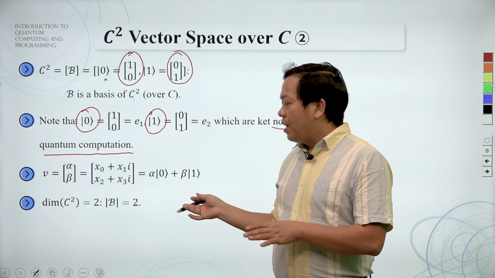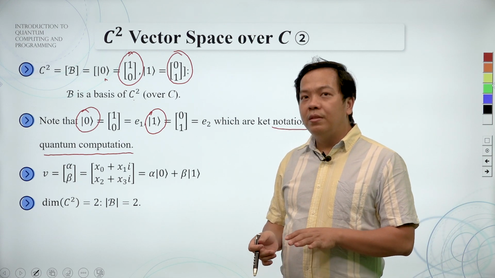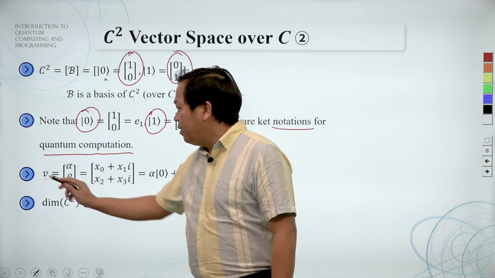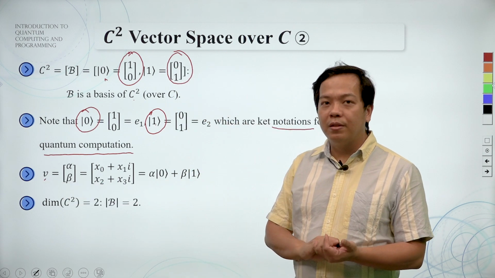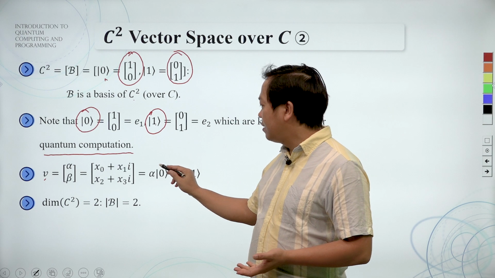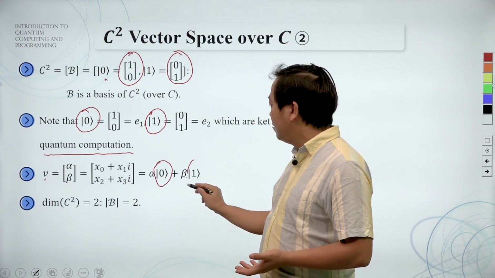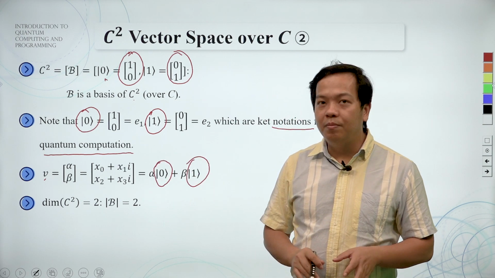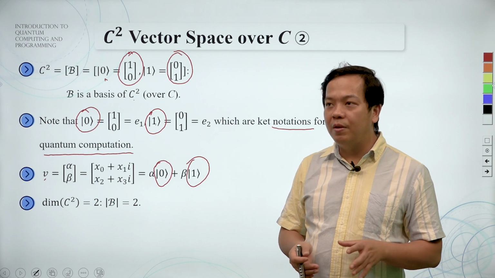In a vector space, for example a vector v, we can represent it in 2 parts. We have this kind of qubit. It can represent a basis, very similar to a complex vector.